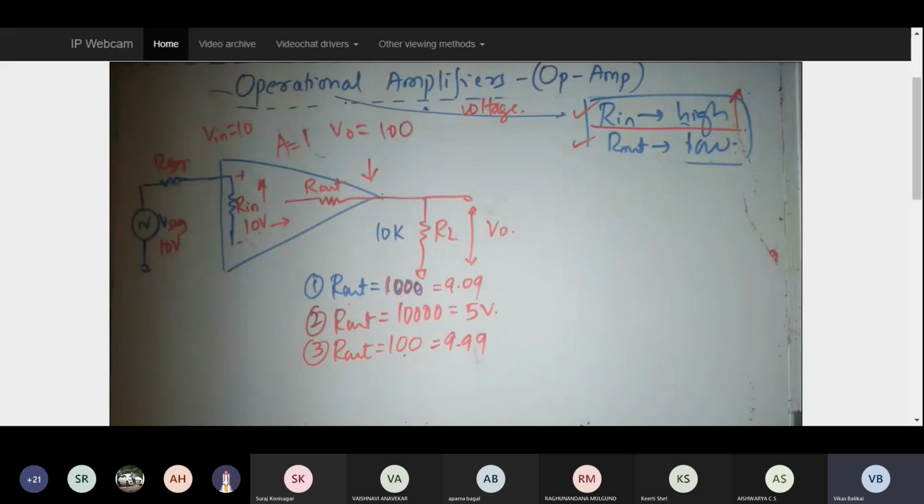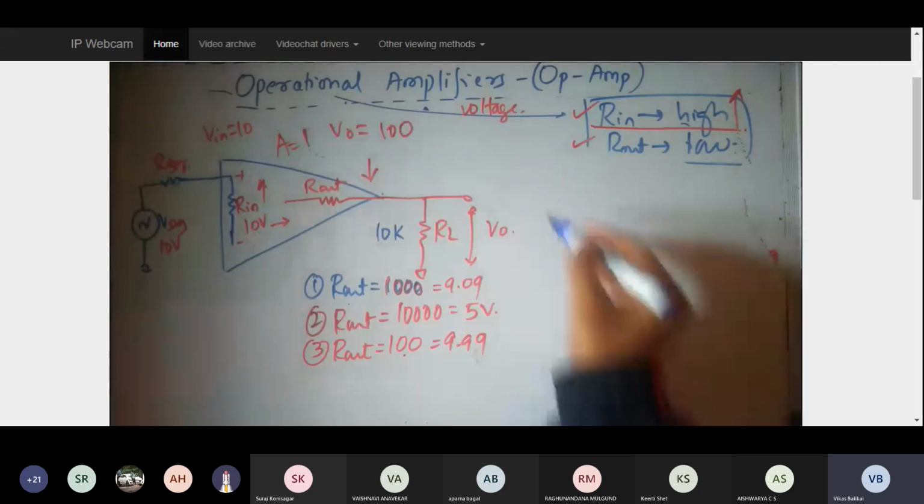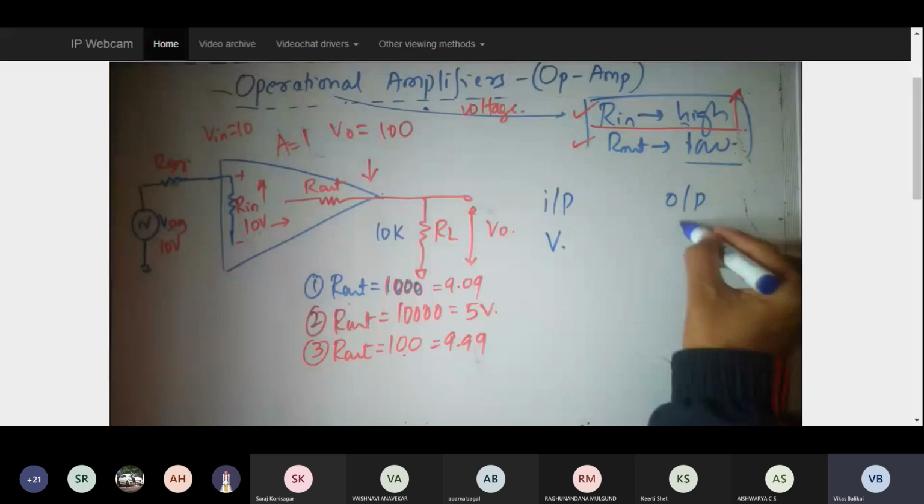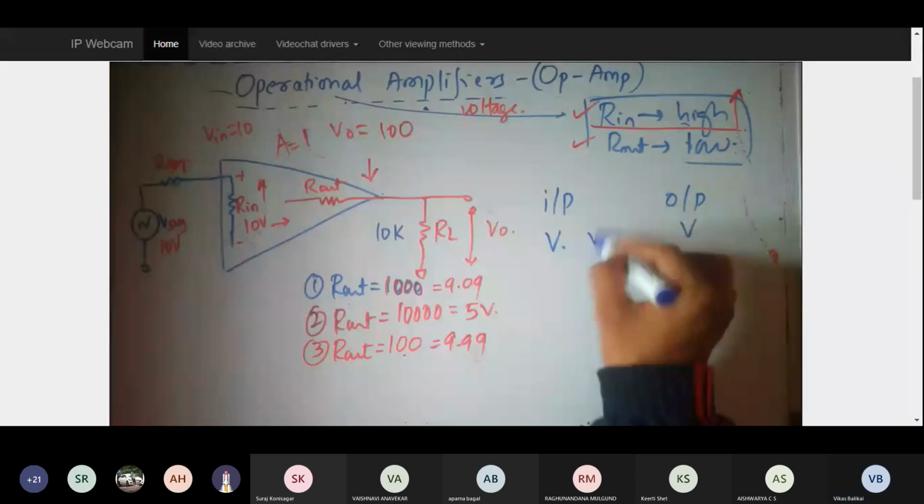So this is all about your operational amplifiers introductory note, and why we have to have the input resistance of any voltage amplifier to be very high, and why we should have the output resistance of the voltage amplifier to be very low. Now, just out of curiosity, see, if input is voltage and output is voltage, it is a voltage amplifier.